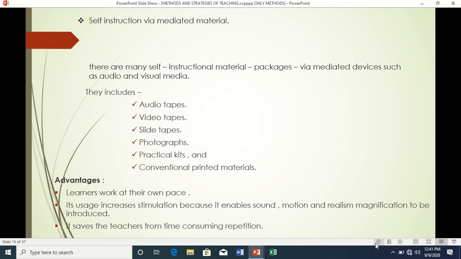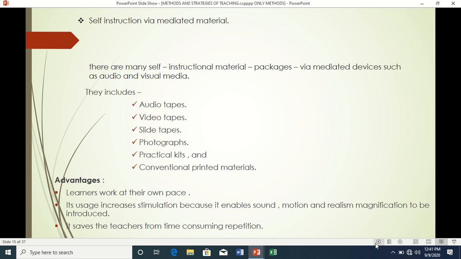And we know that there are packages, instructional material packages via mediated devices, and some of them are audio tapes, video tapes, slide tapes, photographs, practical kits, and conventional printed materials.